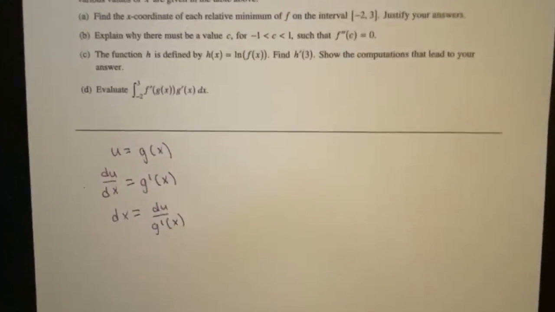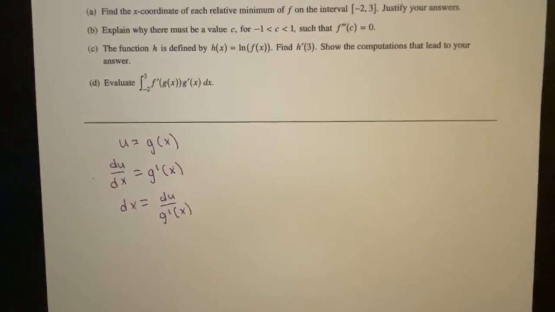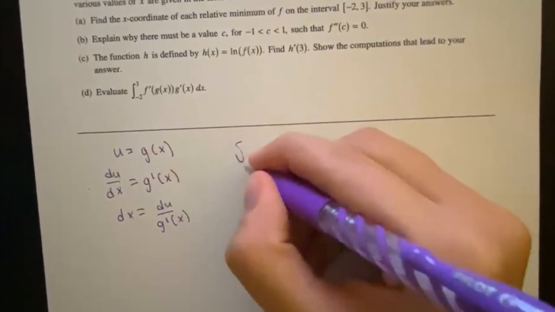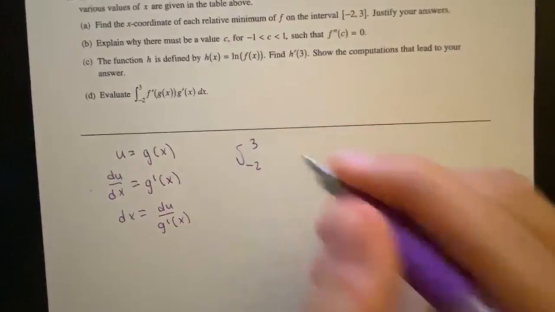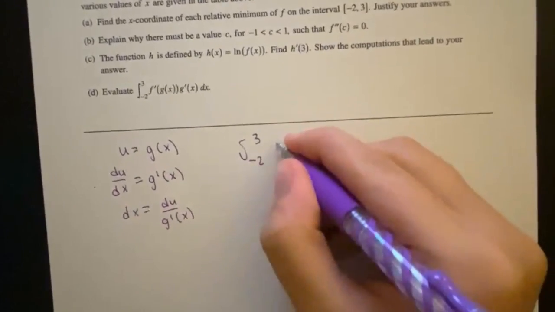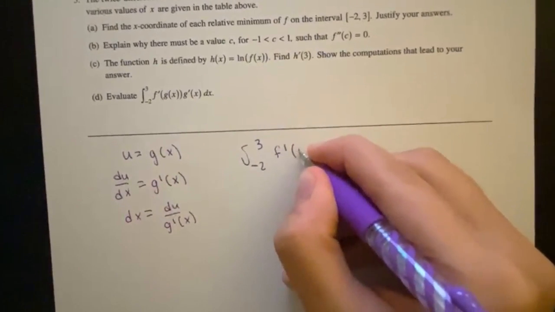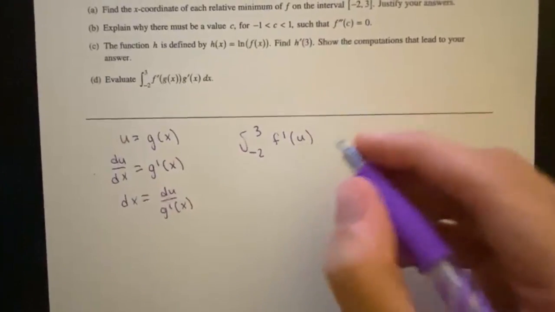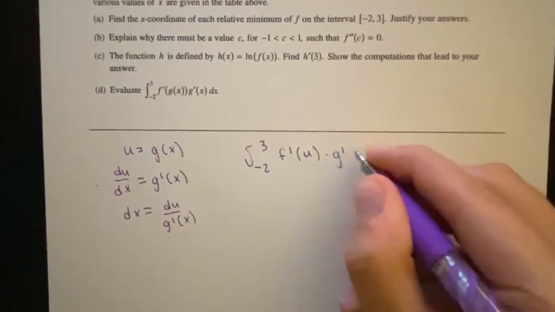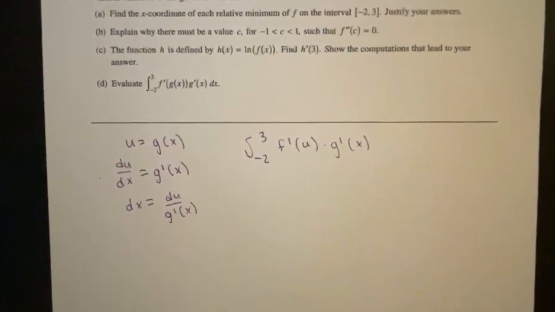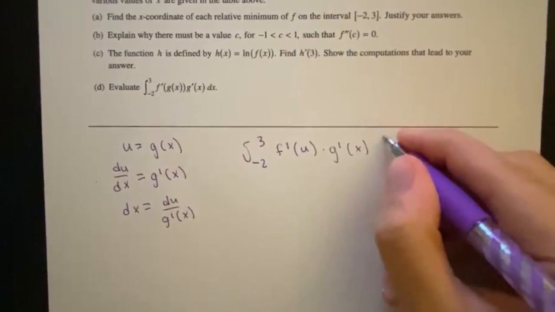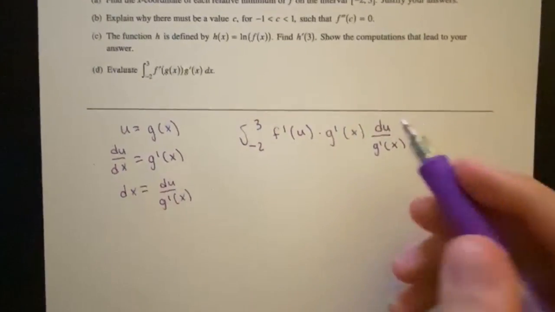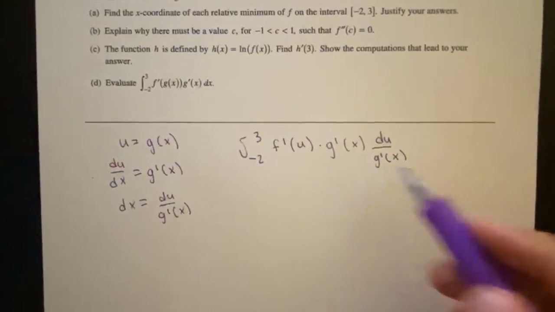Okay, from here we can substitute this back into the equation. So the integral from -2 to 3 of f prime of u, because our g of x is our u value, multiplied by g prime of x, and then our dx is du over g prime of x. Now we did this right because these two can cancel out.